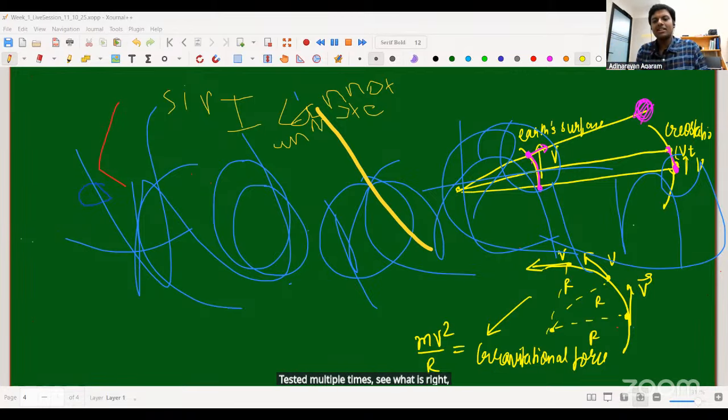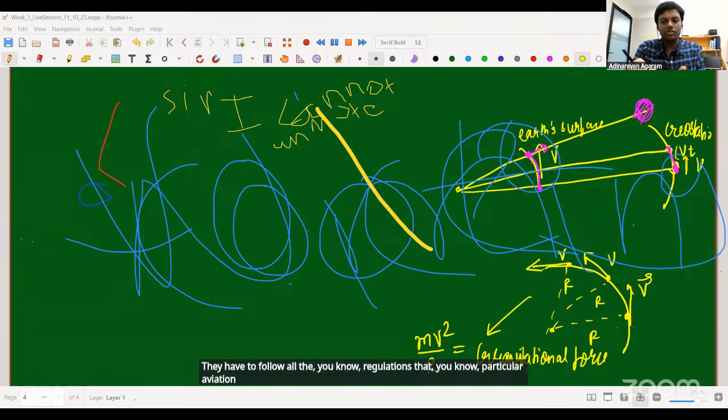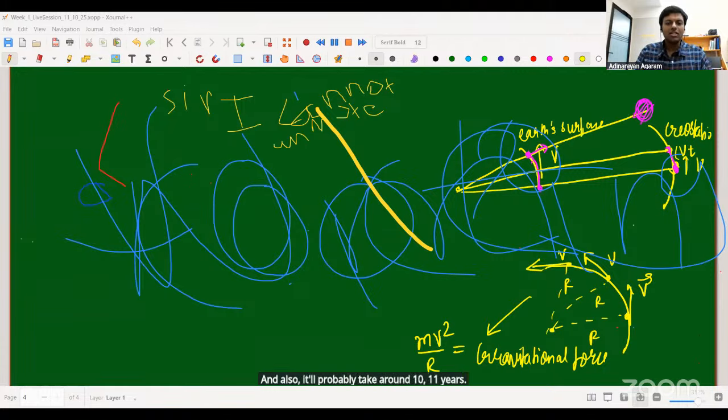They will find a mistake, go back to the design stage again, run it again. They'll come back and be like, "Oh no, this is wrong." It will take a long, long, long time. It's not very simple. It's not like making a model and be like, okay, I'll fly it tomorrow. They have to follow all the regulations that particular aviation authority is enforcing, and all such things. It'll probably take around 10, 11 years. Take a long, long time.